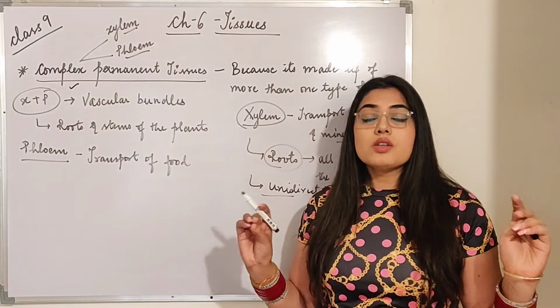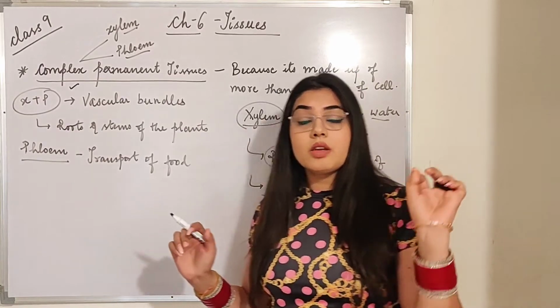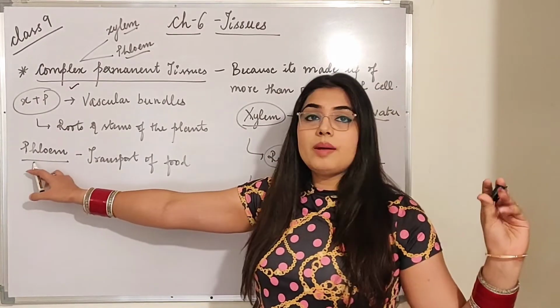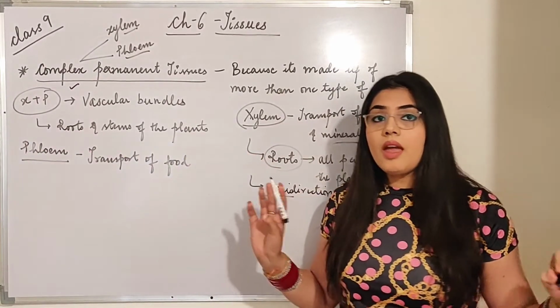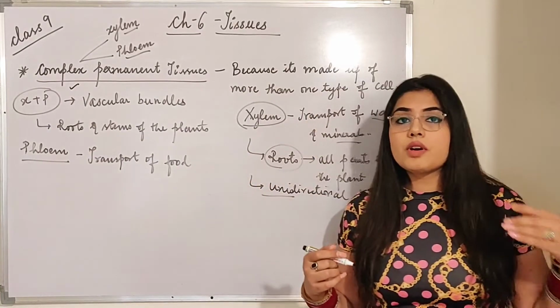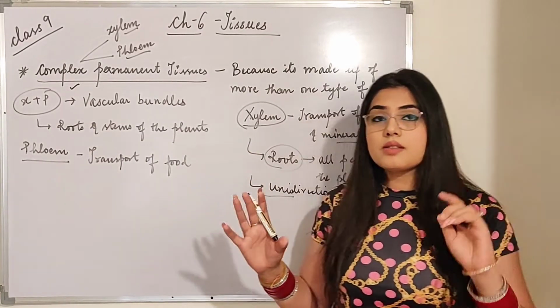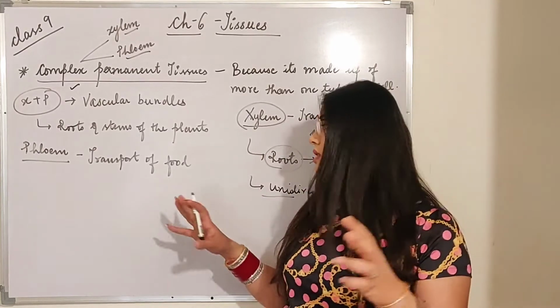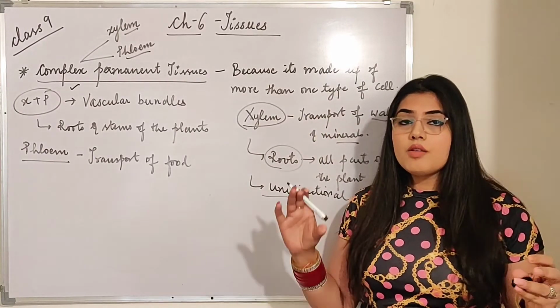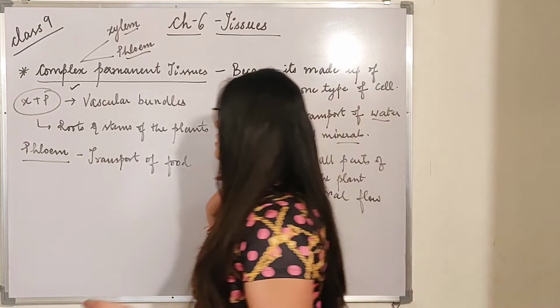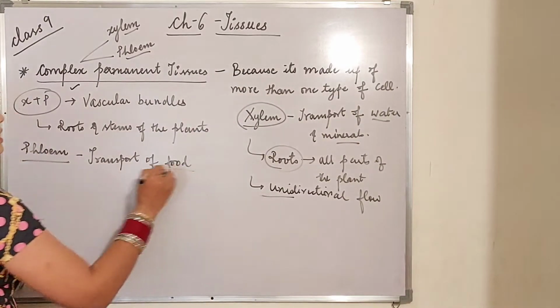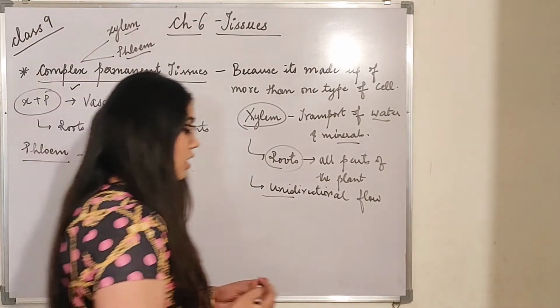So the way of remembering it is: phloem has the sound of 'f', and food also has the sound of 'f'. That means phloem is associated with food. Phloem, food.